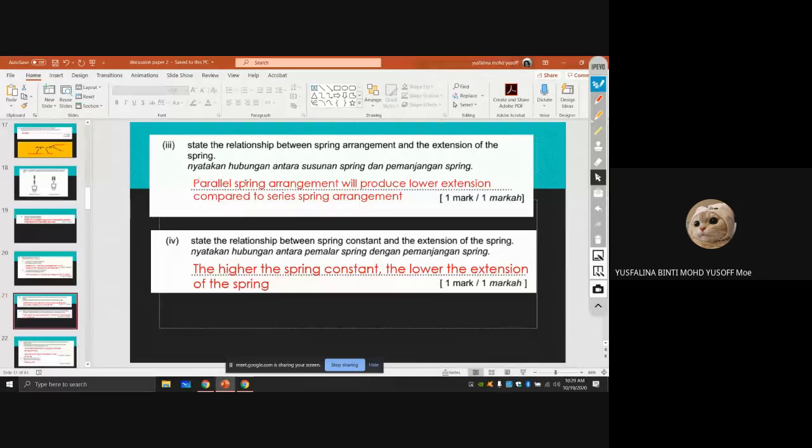Usually the parallel spring arrangement will produce a lower extension compared to the series spring arrangement. Next, state the relationship between spring constant and the extension of the spring. The higher the spring constant, the lower the extension of the spring.